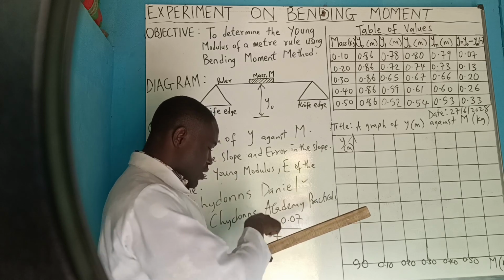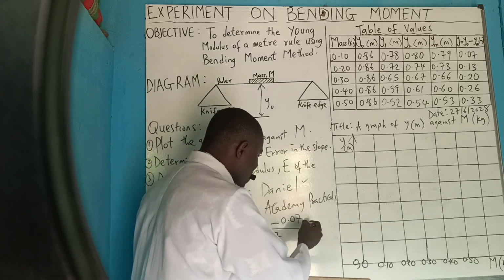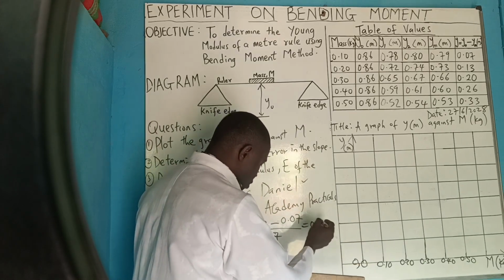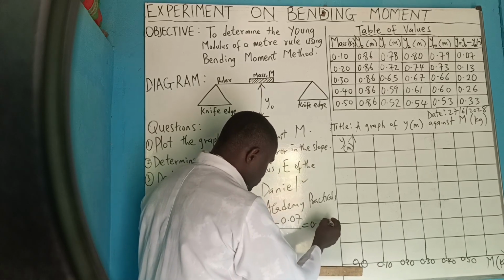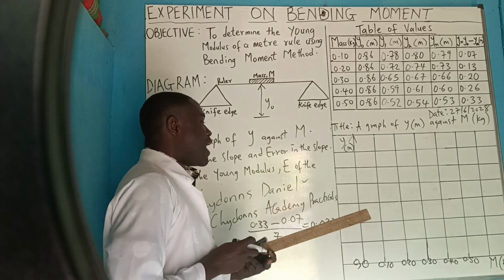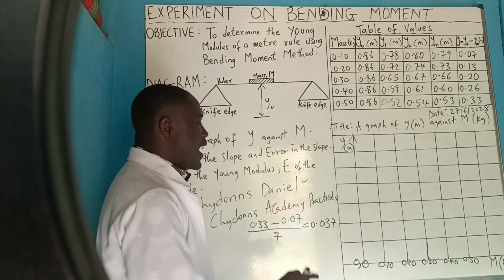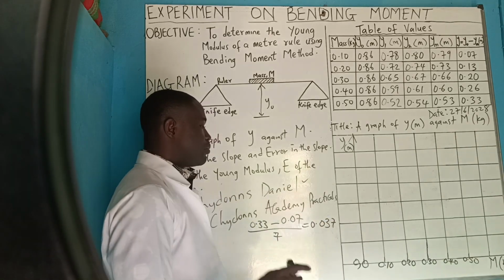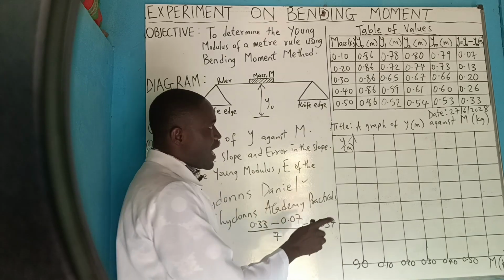That will be giving me 0.037 and others.